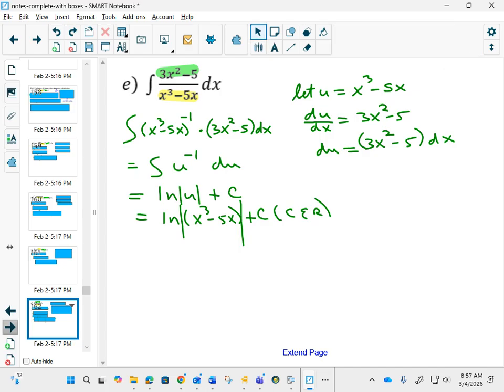I get the natural log of x cubed minus 5x. Okay, I'll let you try F and G, and then I'd like to do H together, because H is fun.